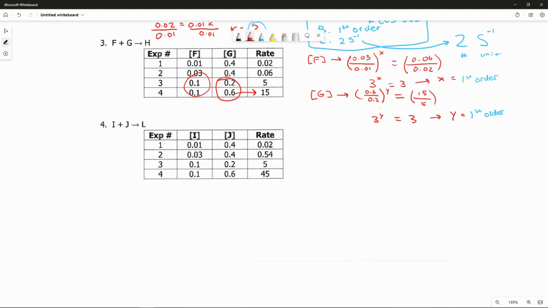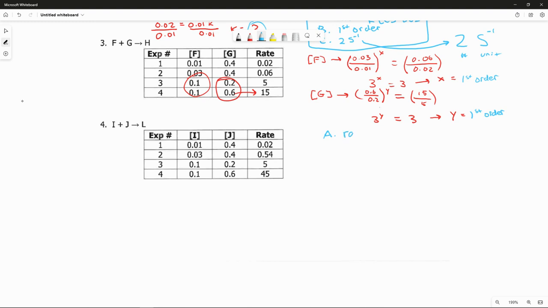All right, now we know all the information, so we can go ahead and solve. So A requested that we find the rate law. The rate law base equation is rate equals K times the concentration of F to the X times the concentration of G, which is B in the other equation, to the power of Y, the order.